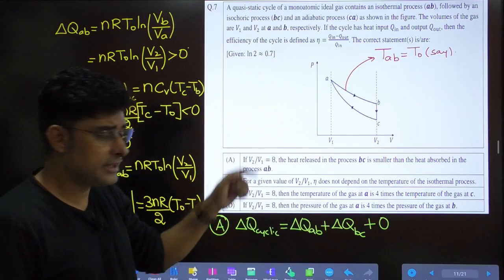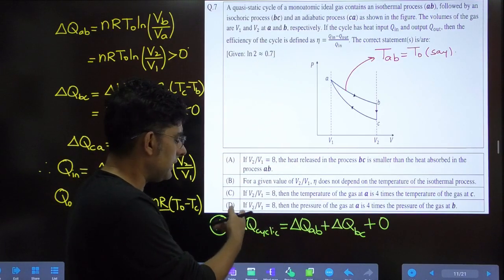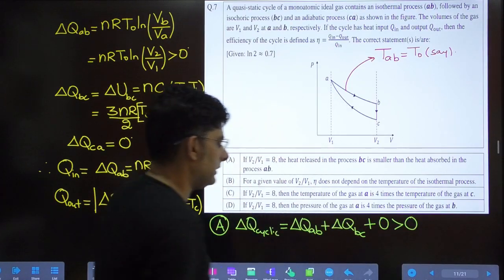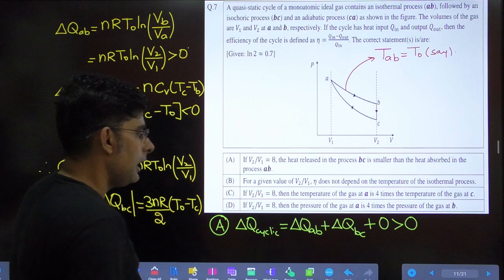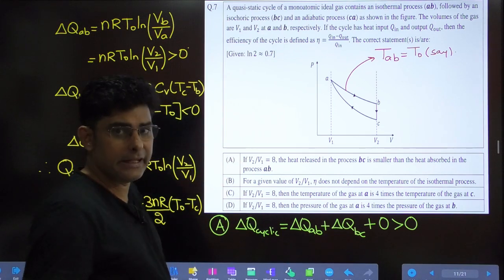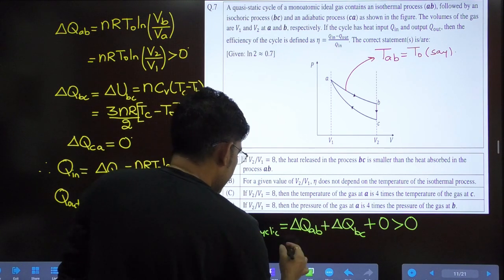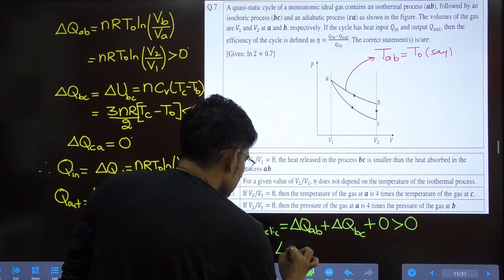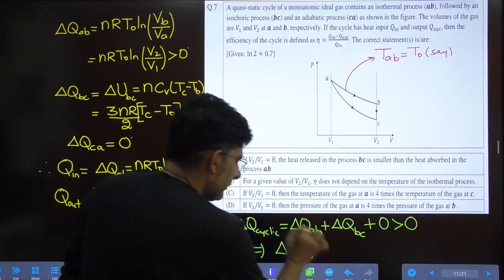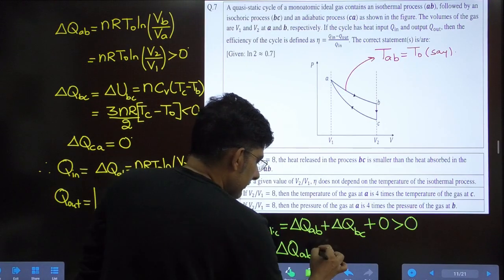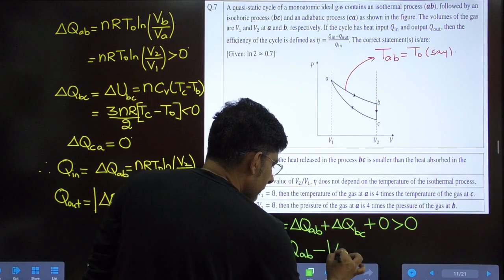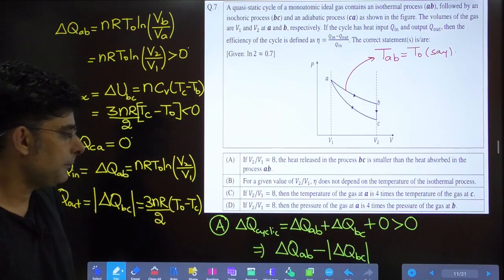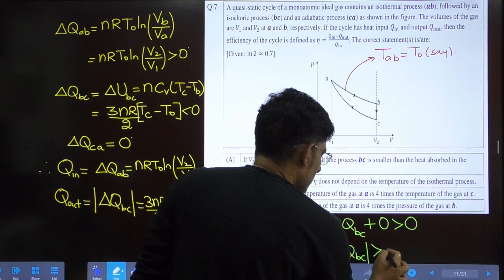Since it is a clockwise cyclic process, we know delta Q is equal to work done, and work done in a clockwise cyclic PV diagram is positive. Now we know that delta Q_BC is negative. Q_AB is already positive. This is negative, so I can write it as minus the magnitude of Q_BC. Fine. This is greater than 0.